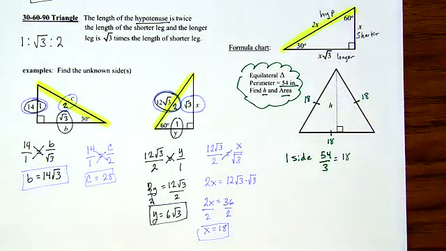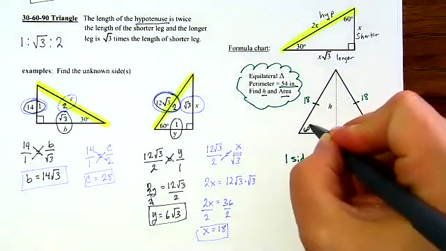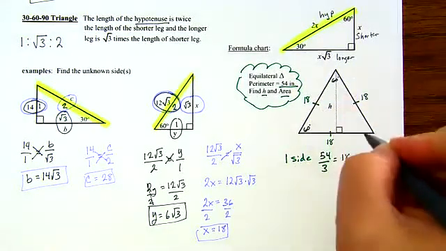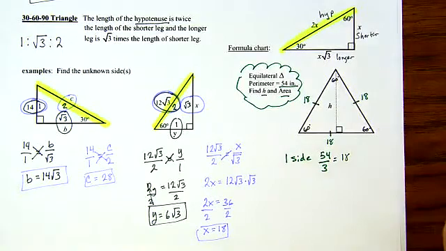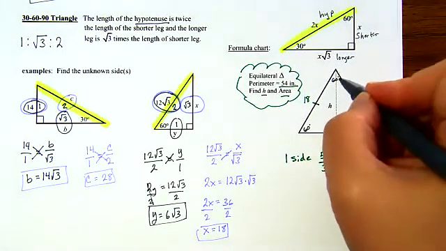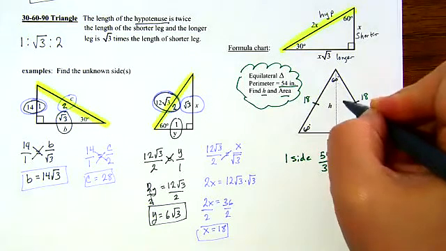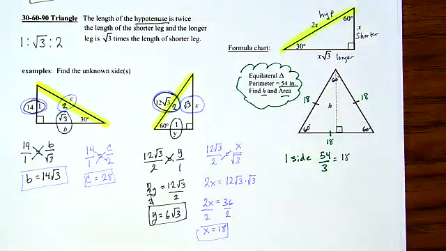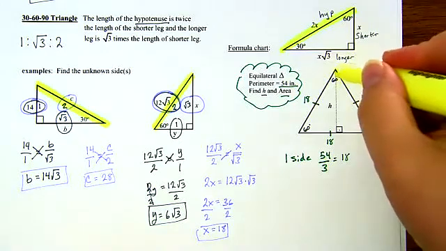Okay, now, because this is an equilateral triangle, we know that all of these angles are 60 degrees because all of the angles are the same, so are the sides. There's 90, there's 60. That means I could focus on this triangle right here. It has a hypotenuse of 18.